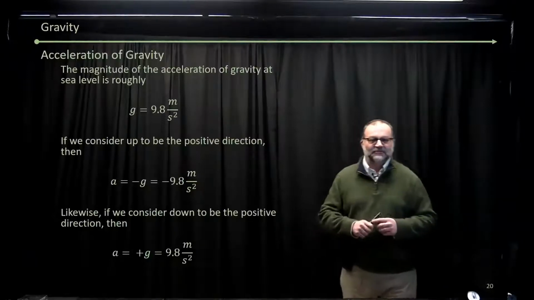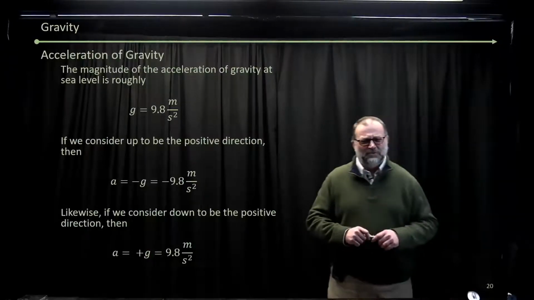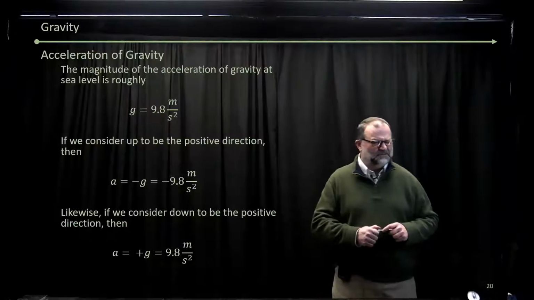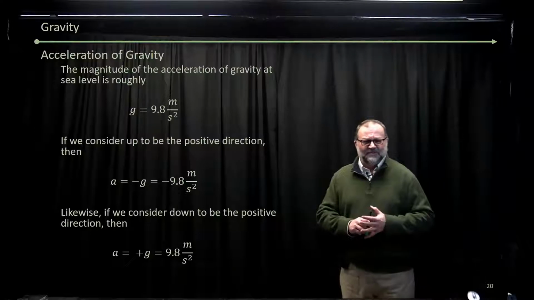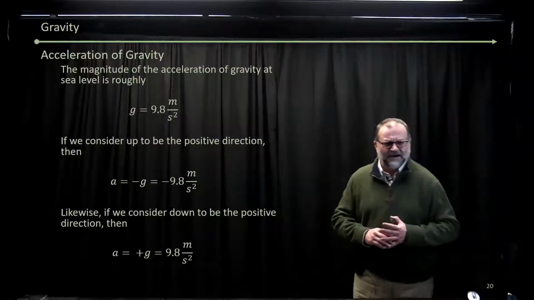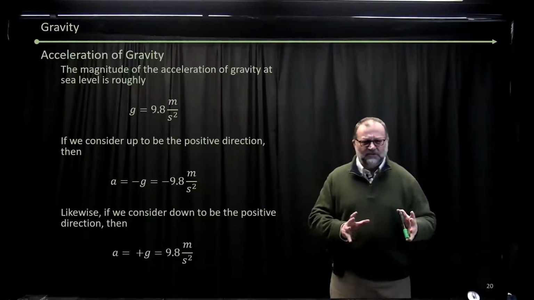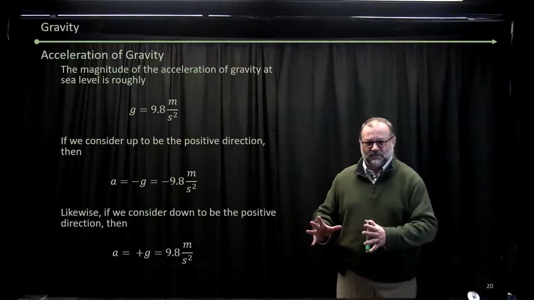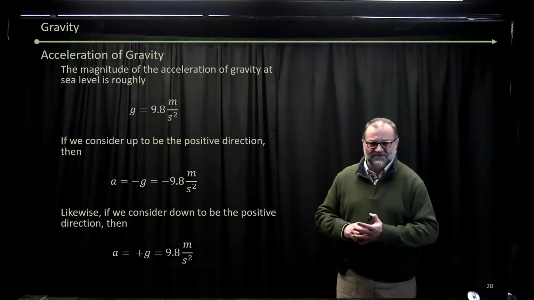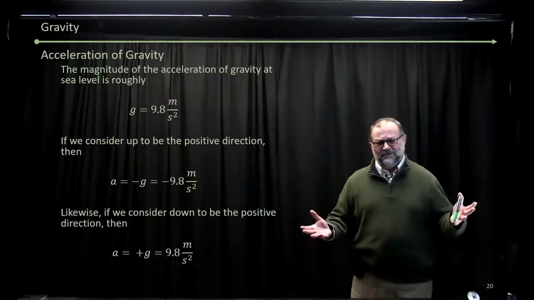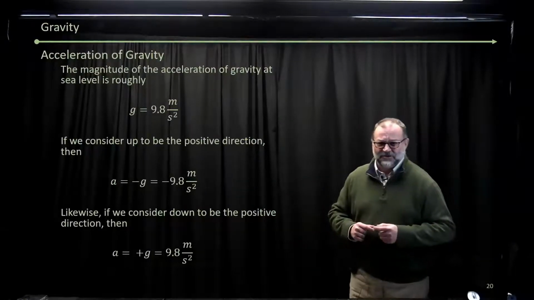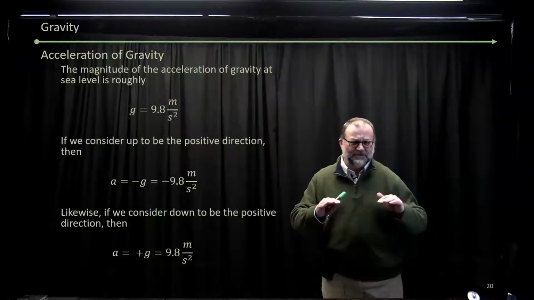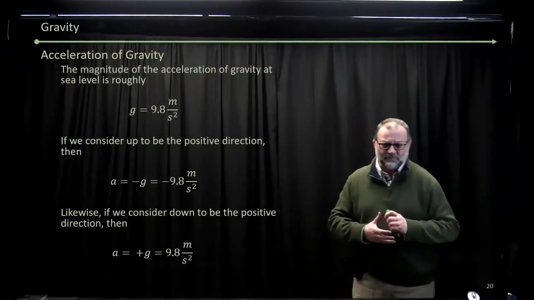Here in the Mississippi Delta, gravity is more like 9.75, 9.76, something like that. It's influenced mostly by the fact that in areas where you have lots of iron, gravity tends to be a little higher because of the density of iron. We don't really have any iron underneath us in the Mississippi Delta, and so the acceleration of gravity is just a little bit less.